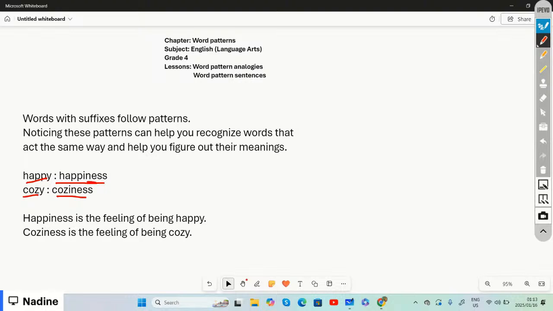Because with the suffix, you can have different words but with similar meaning based on the suffix that is added. And we made an example of the words happiness and coziness. They're two different words, even two different base words. But as soon as the same suffix is added to a word, the meanings of the words become similar.